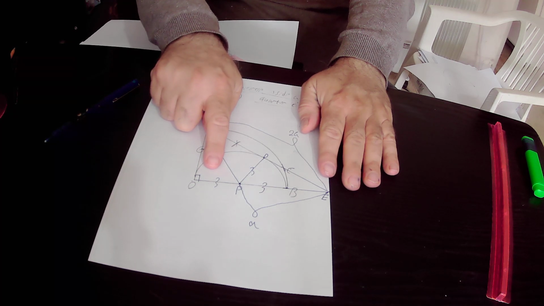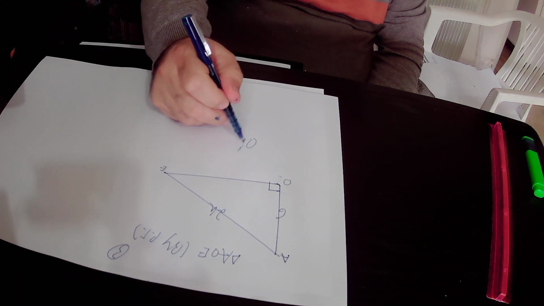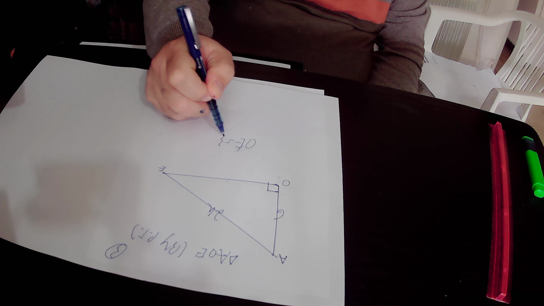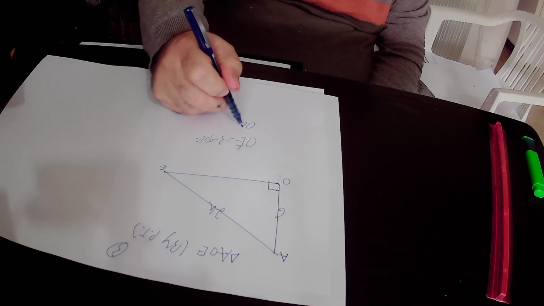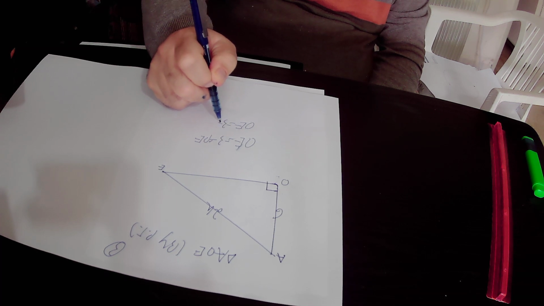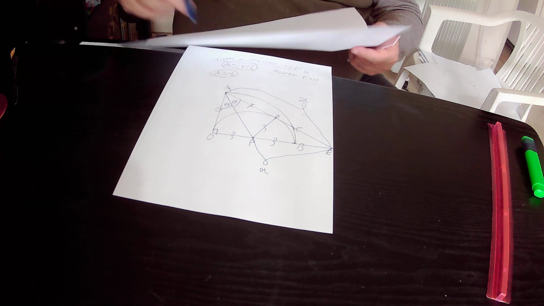Side OE equals 3 plus PE. So side OE, I write it down. Side OE equals 3 plus PE, and PE equals A according to our definition.